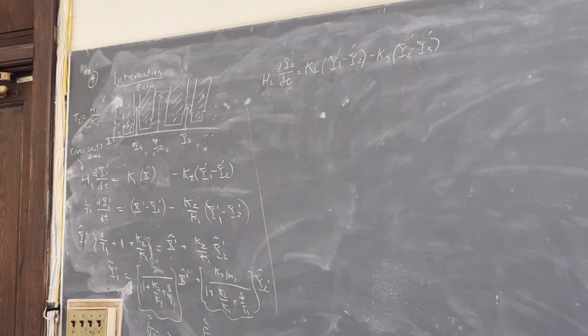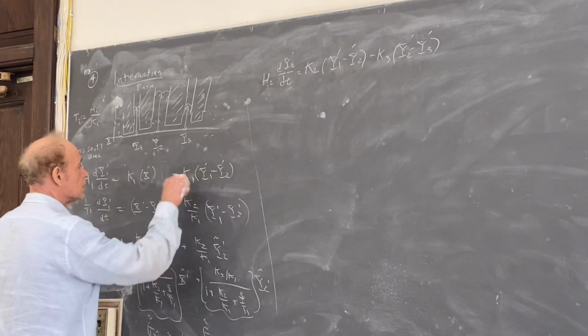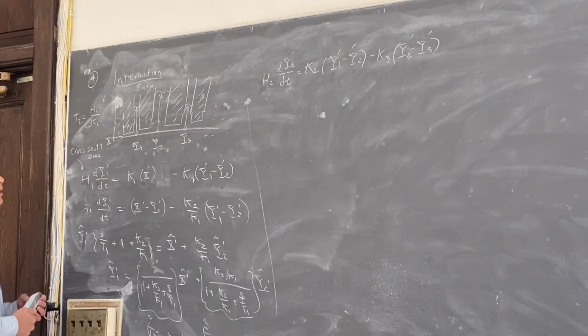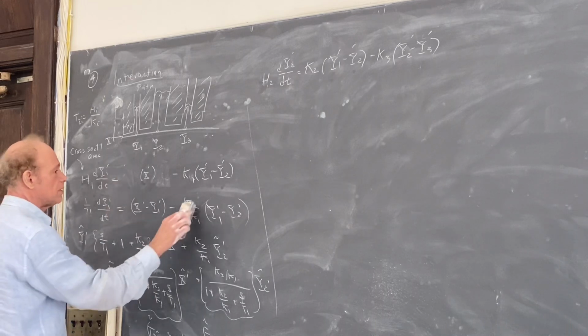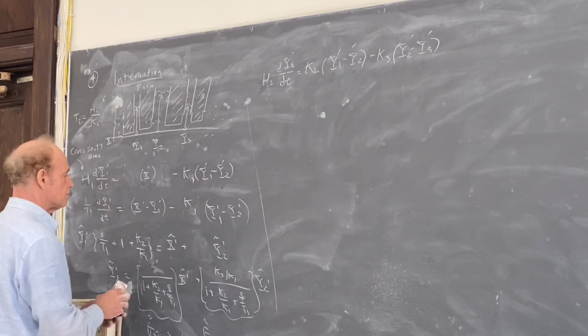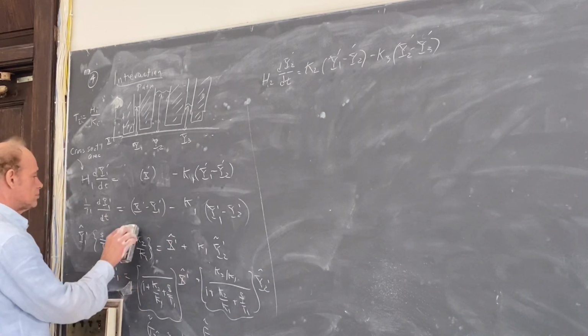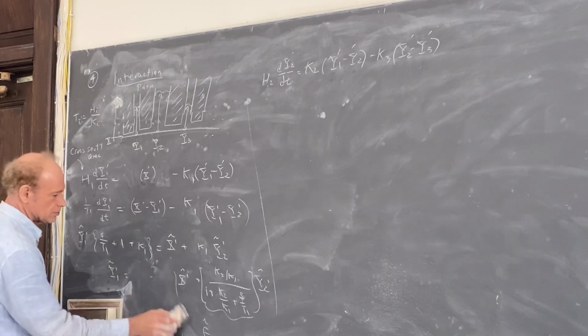Sorry, I should have looked at my notes instead of the problem. Yeah, and I want this to be k1. So I'm going to have to redo this. All right, so this is k1. So let's just fix all that, and I will fix this.